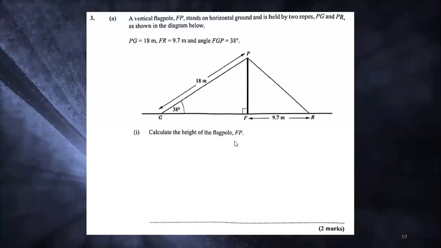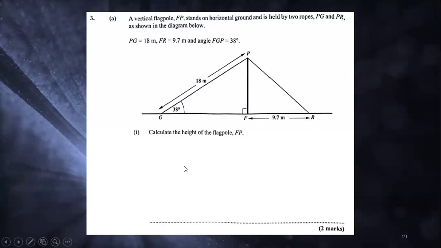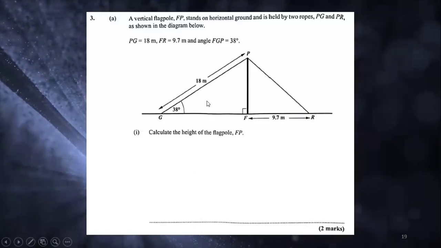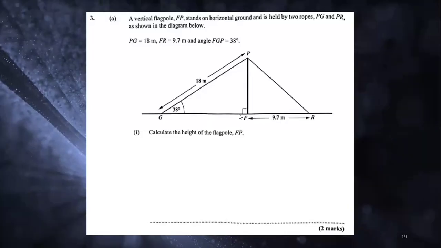So calculate the height of the flagpole FP. Well, you see that FP is in a triangle, not just any old triangle, it's in a 90-degree triangle. That's one hint, right? So can we use Pythagoras' theorem? Well, not particularly, because we don't have this length or this length. Can we use one of the ratios, sine, cosine, and tangent?